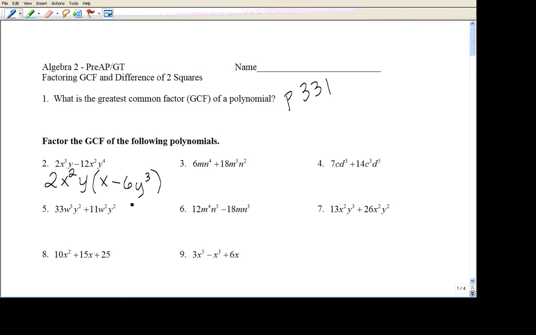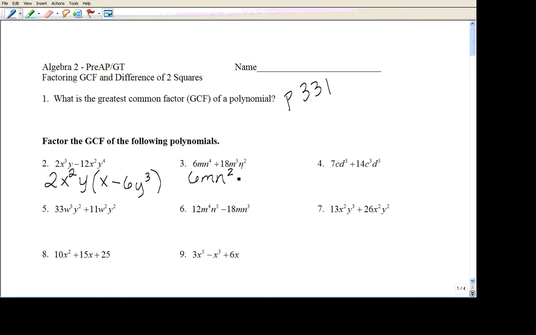So we have 6m to the fourth plus 18m to the fifth n squared. So again, we look across and say, what is the greatest integer that we have that can be divided out of both? And these both have a factor of 6, so we have a 6. We can take an m to the first power out of both, and we can take an n squared out of both.